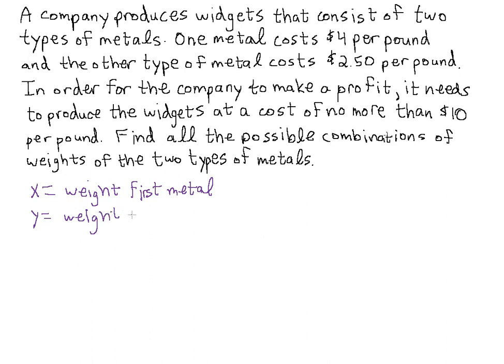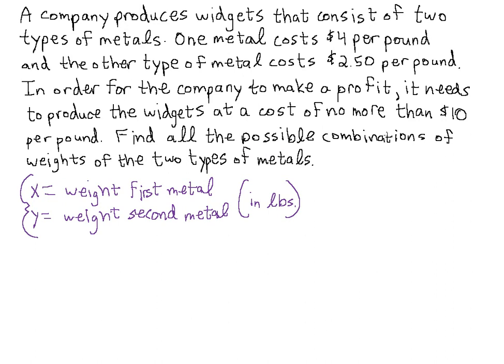This is fairly straightforward. We're just defining both of our variables in terms of what we're being asked to find. These are both going to be in pounds, and we want to find all the possible combinations of the weights of the two types of metals to where this company can produce these widgets and make a profit.